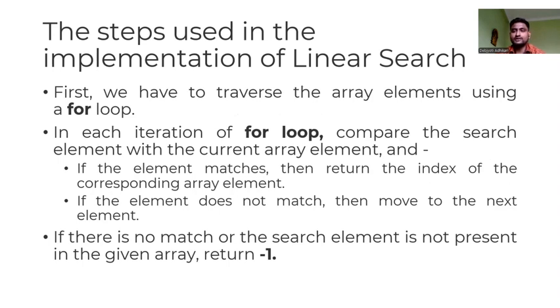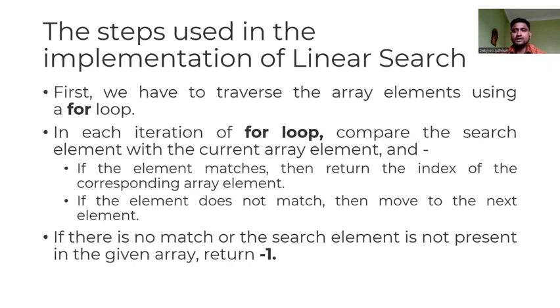In each iteration, we are comparing the search element, or the target element, with the element at the current index. If the element matches, then return the index of the corresponding array element. If the element does not match, then move to the next element.